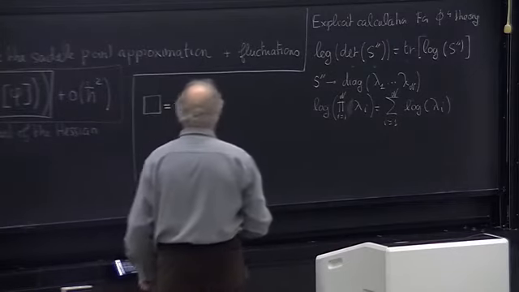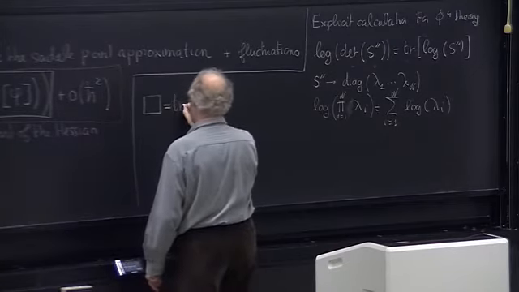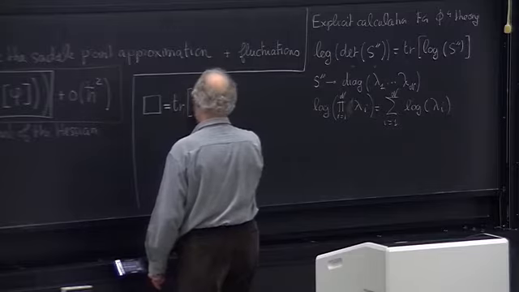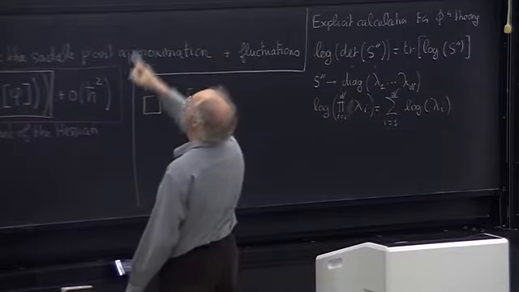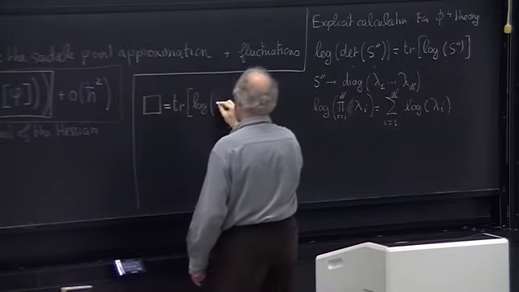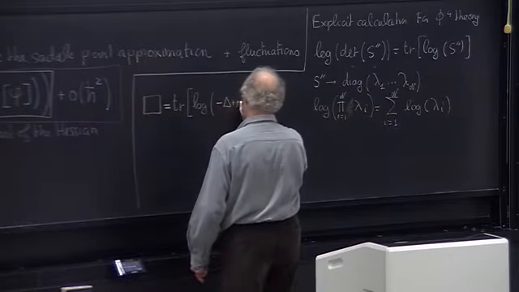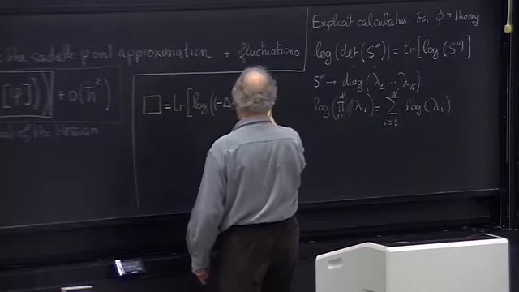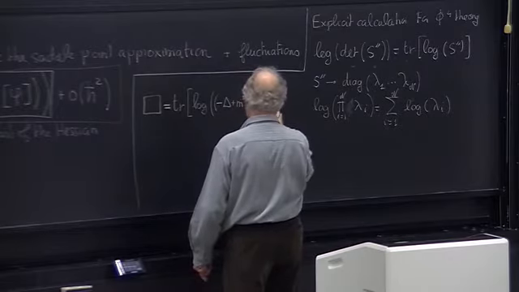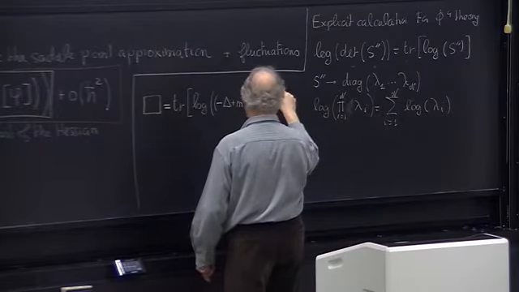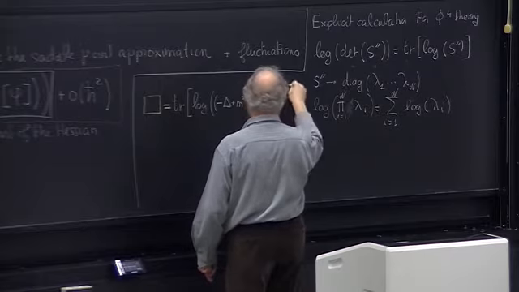This is therefore the trace of the log of this operator: minus Laplace operator plus m squared plus g over 2 multiplication by phi squared. Okay?